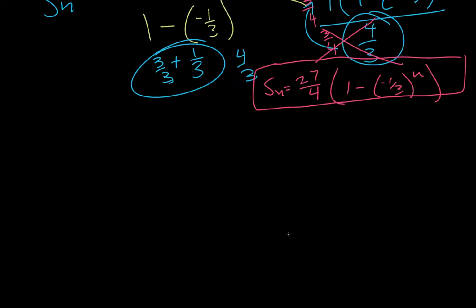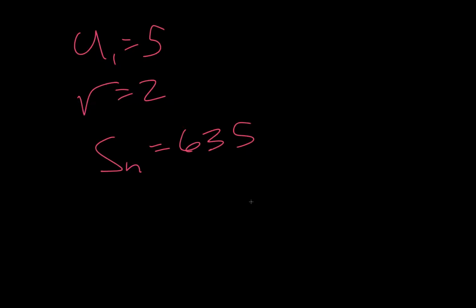Okay, we're moving on to example 30. And it says a geometric sequence has first term 5, common ratio of 2, the sum of the first n terms of the sequence is 635. Okay. So we can set it up.